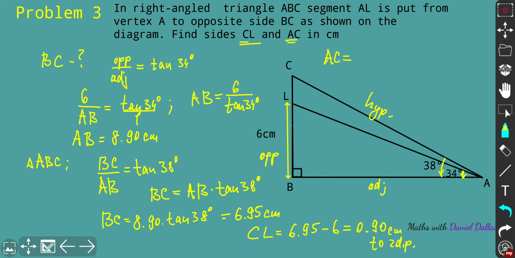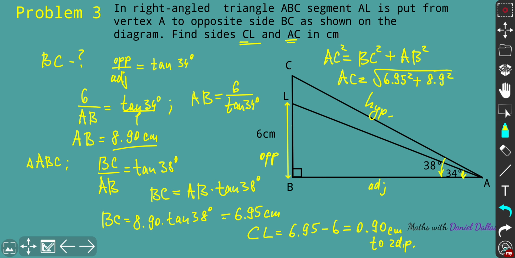So AC squared is BC squared plus AB squared. That's the simple Pythagoras theorem. So you know BC is 6.95, you know AB, which you recently found. I'll just demonstrate how it can be accomplished. So BC is 6.95 squared and AB squared is 8.9 squared.